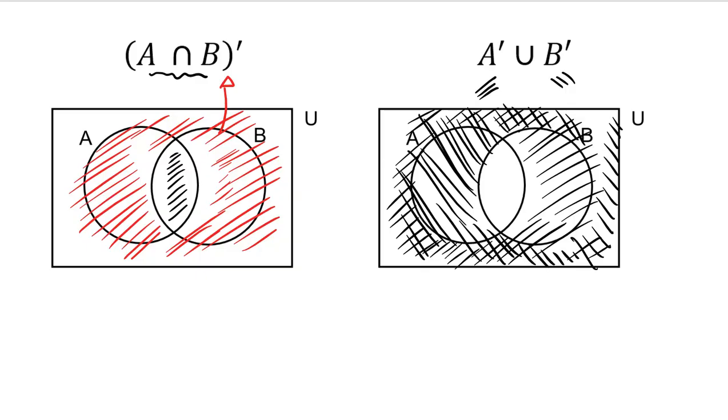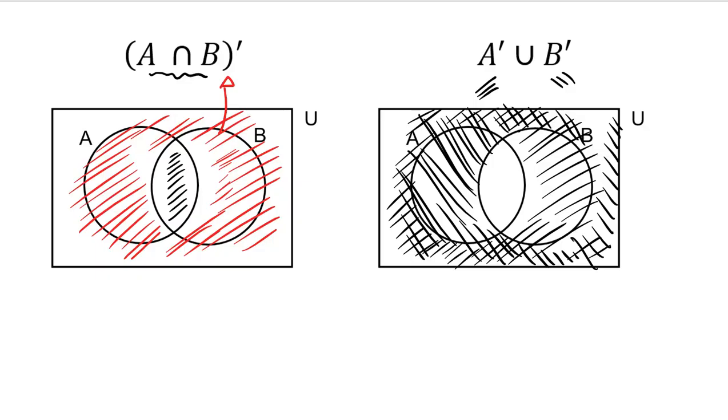Okay, now look at the operation in how you're connecting these. A complement union B complement. Recall that union is an or statement. This says an element is in A complement union B complement if it's either in A complement or in B complement. Either one would be true.